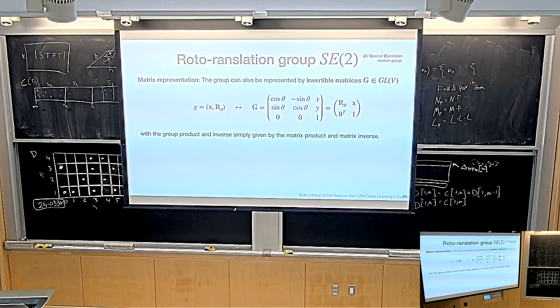For instance, you can say an element of SE2 is actually just 3 numbers, right? 2 numbers for the translation, and 1 number for the 1D rotation. So the matrix is not the group. We say that the matrix is a representation, like every group has a matrix representation.